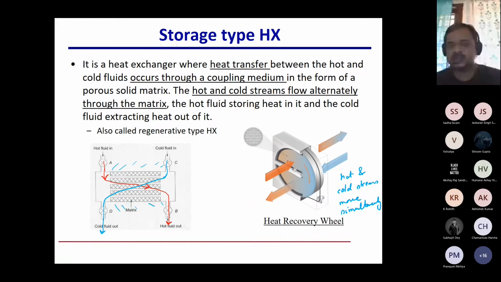So, especially for the heat recovery wheel, the fact that the hot and cold streams flow alternately through the matrix is actually correct. Because if you take the matrix to be a certain portion, that portion sees the hot and cold fluid moving alternately. That is why this heat recovery wheel can be classified under storage type heat exchanger. It's also called a regenerative type heat exchanger.